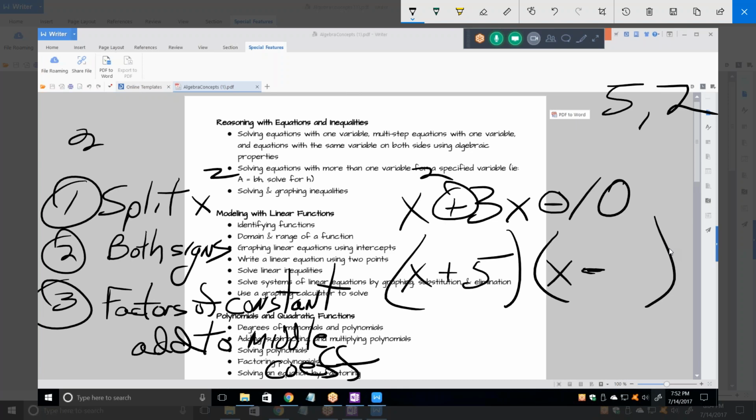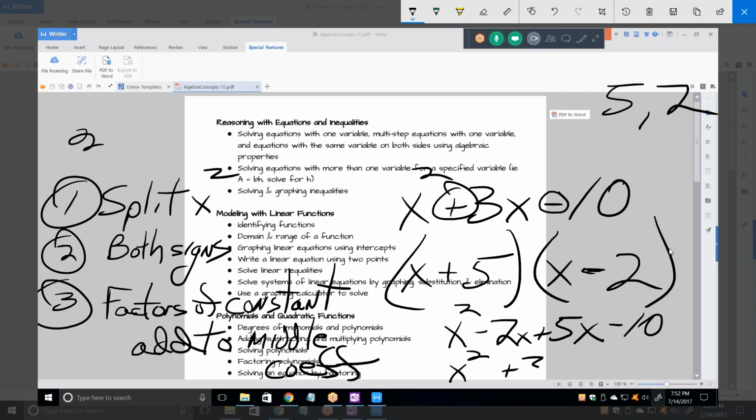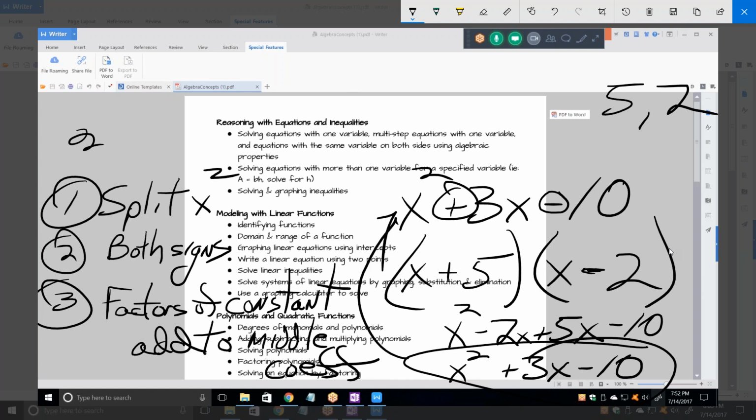So the 5 goes with the plus, the 2 goes with the minus. And now if I were to multiply these back together again, I get this, which simplifies to this. In other words, you always got to get back to what you started with. That's what factoring's all about.